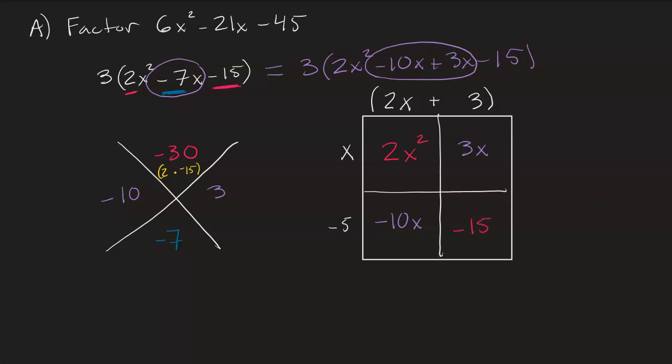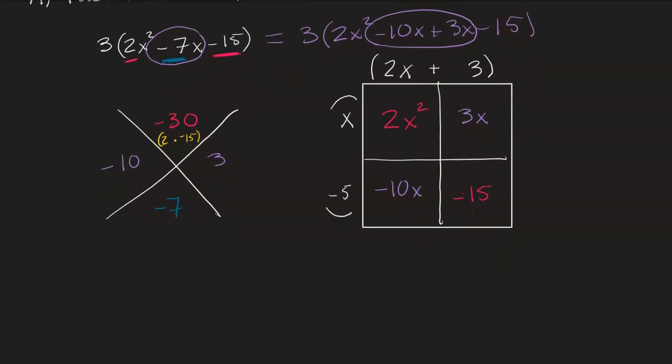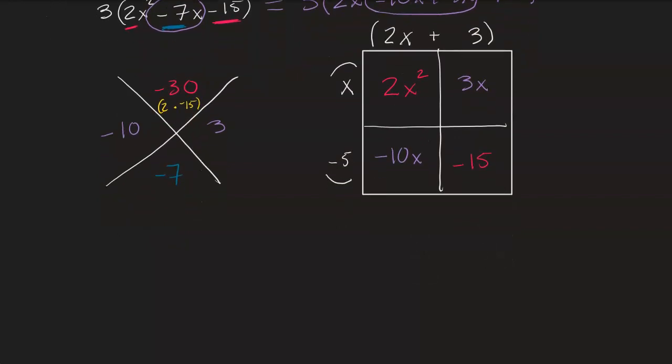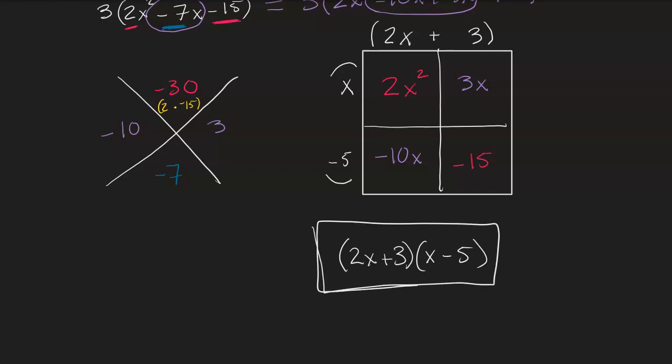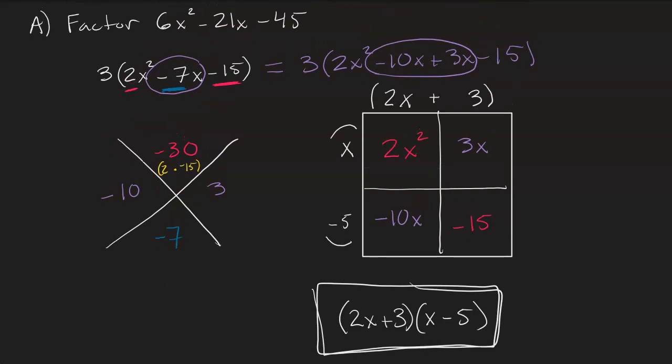So this ends up being my second quantity, which in turn looks like this when we write it out. 2x plus 3 times the quantity x, and I'm not going to say plus -5, I'm just going to put x minus 5. And that would be your factored form from this original standard form expression.